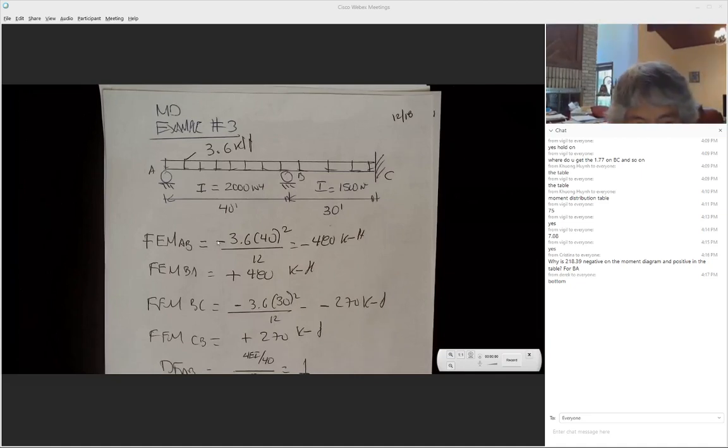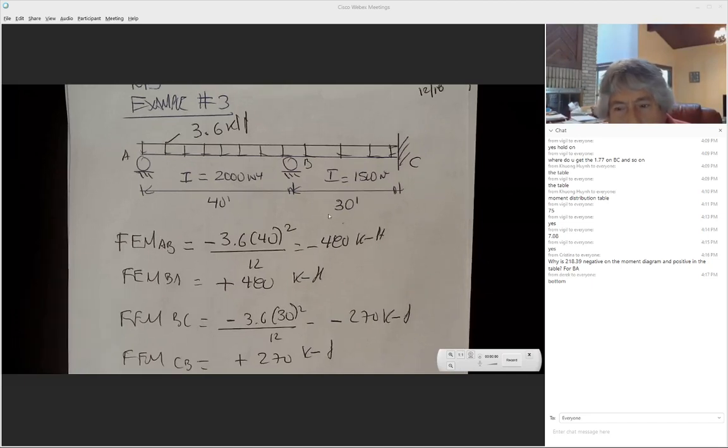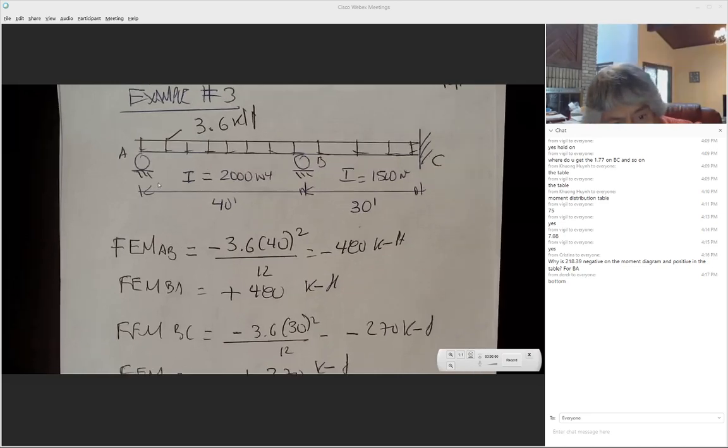I'm going to use this problem to show you how to modify the stiffness, to show you how to solve this problem quicker whenever we modify the stiffness. Why are we going to modify the stiffness?